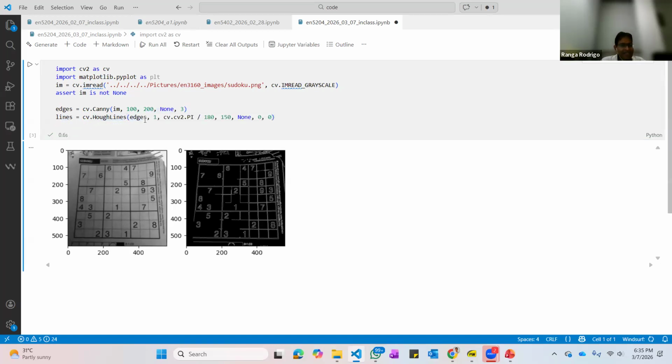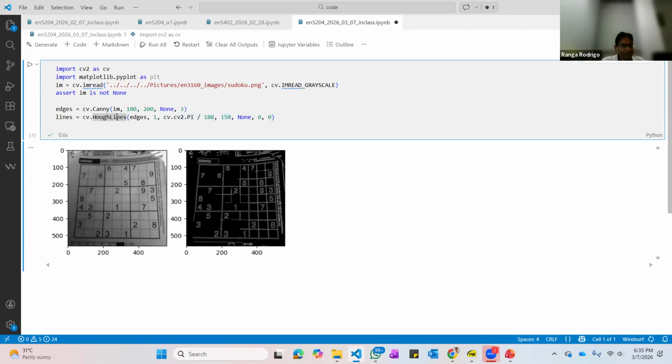This is the edges image that we have given. Then the resolution: pi divided by 180 is the angular resolution, 1 degree. This one is something like a threshold, I think.